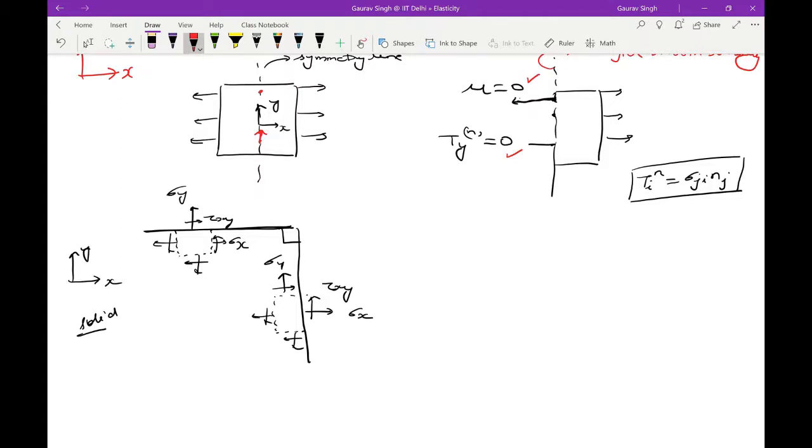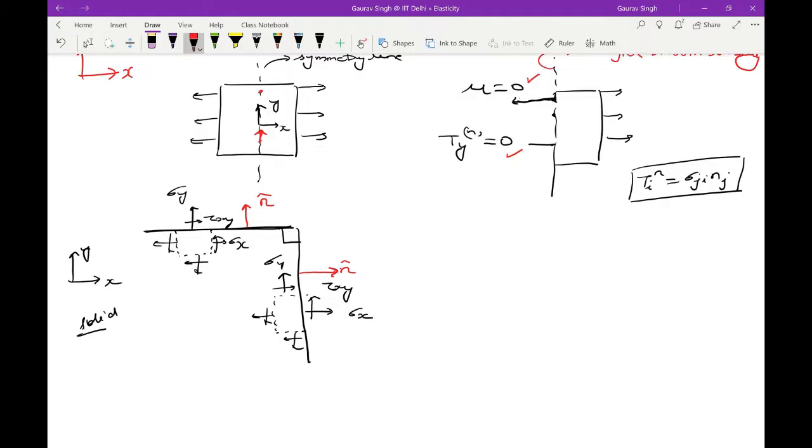So one of the few things is that the normal is like this on this face. Similarly, the normal on this face is like this. So there clearly are two separate normals for these two separate boundaries.